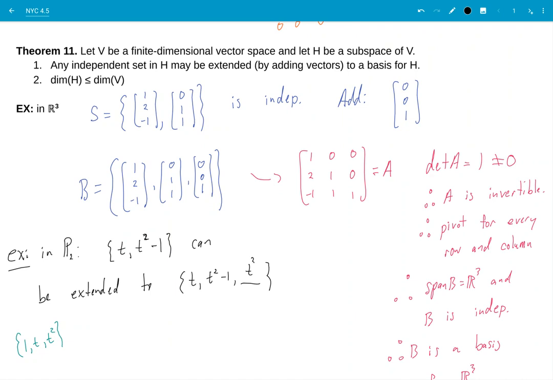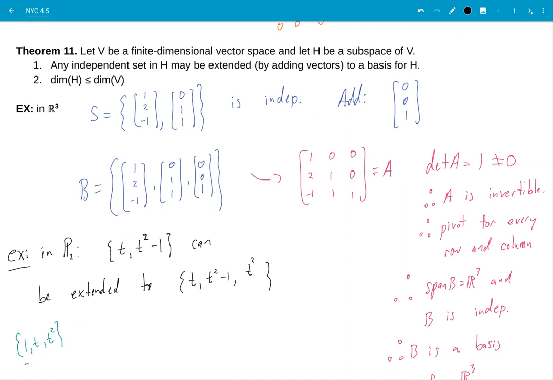So I'll add t squared, because then you can see that if I take this guy, subtract this guy, I get the 1. Then that's it, right? I have my t, and I have my t squared. So there. That convinces me that this is a basis.